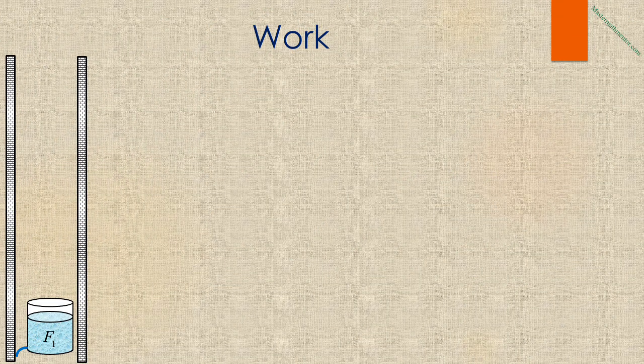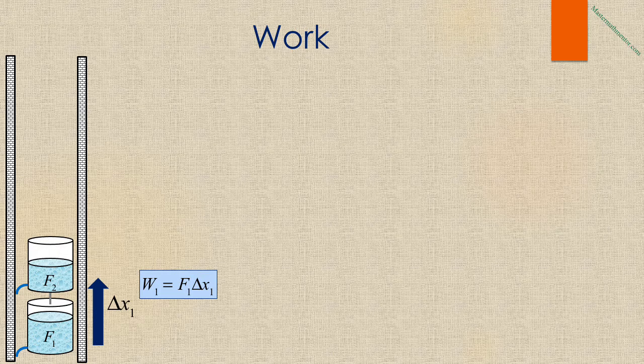Suppose we have a leaky bucket that we are hauling up from the bottom of a well. We will say that this bucket has a weight, which we know is a force, and we will denote it by F sub 1. We now move our bucket up a distance of delta x sub 1.